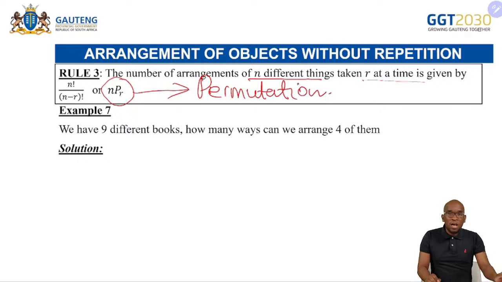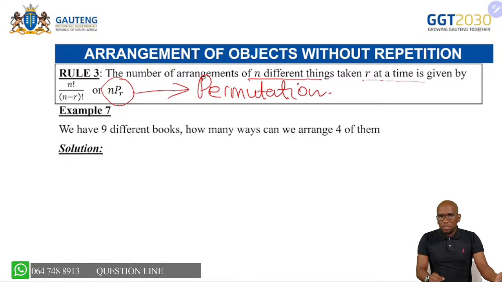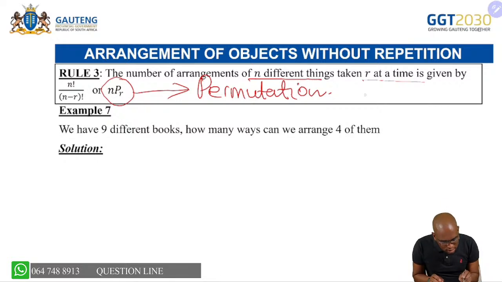The permutation is used to calculate the arrangement of objects. If you have n different objects and you want to arrange less than n of them, then you can do that using the permutation. The permutation button is also in your calculators. In your calculators, it's usually denoted nPr.